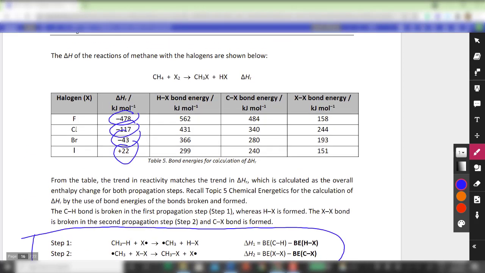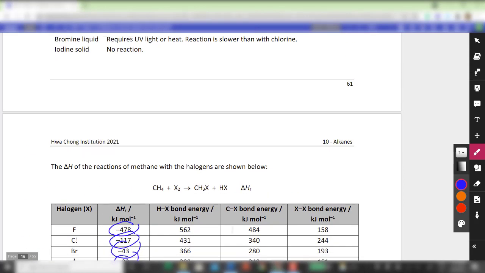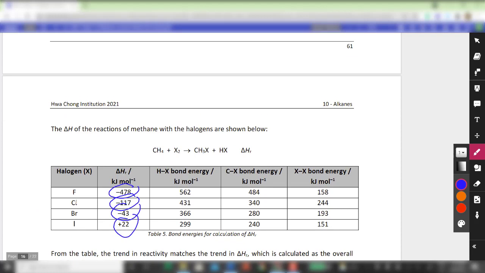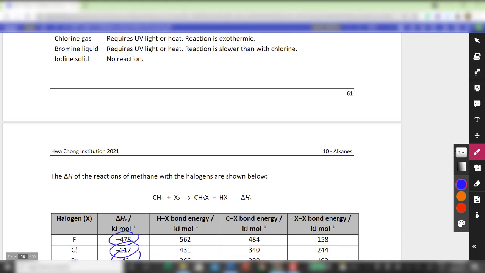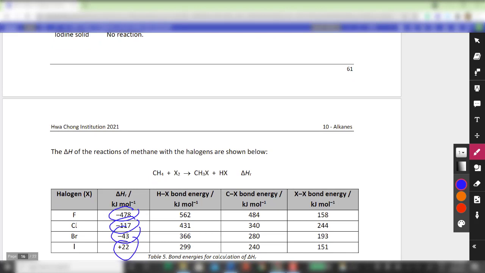If you are to do it in our usual energetics format, you can view it as: we draw out CH3-H plus X-X, and you get CH3-X plus HX. If you analyze it based on our usual energetics format, there is homolytic bond breakage.